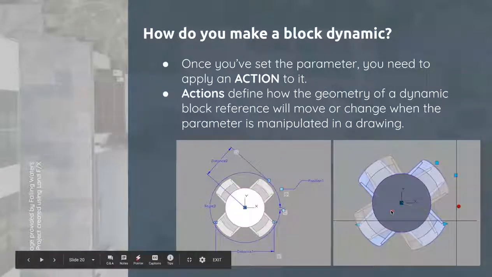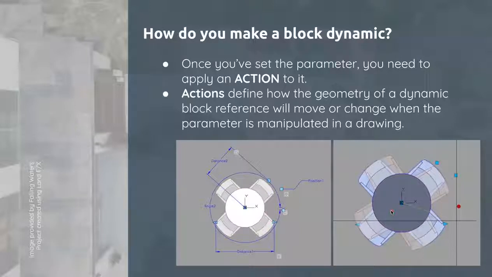Once you've established your parameters, you're going to set actions to the parameters. So if the parameter was a set of bicycle pedals, the action is then adding the allowance for the pedals to be spun or rotated.